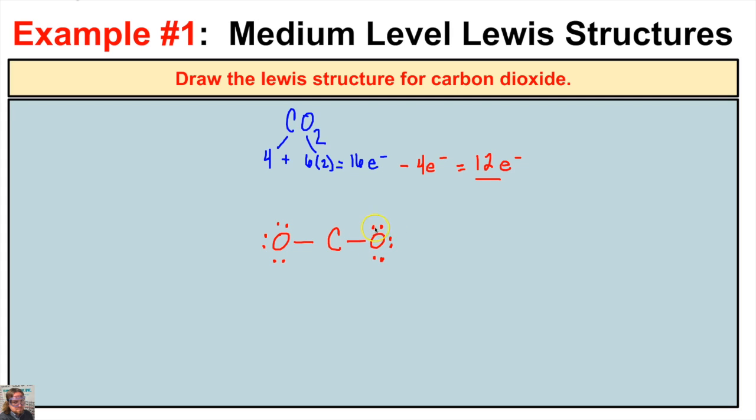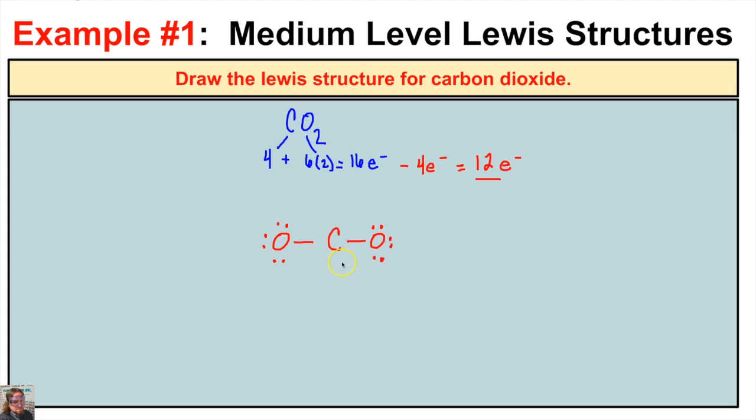This oxygen has 2, 4, 6, 8 surrounding it. This oxygen has 2, 4, 6, 8 surrounding it. But take a look at this carbon. This carbon here only has 2, 4 valence electrons surrounding it. So this cannot be the correct Lewis structure for CO2, because not every single atom satisfies the octet rule.